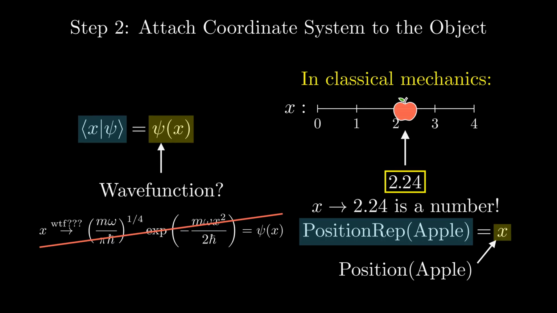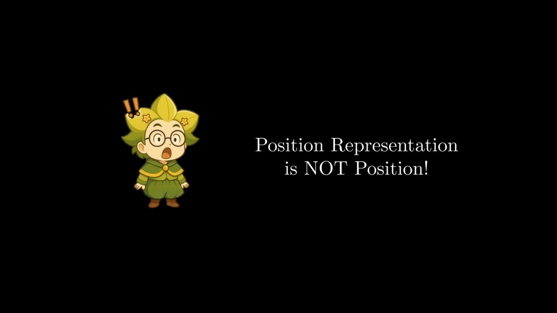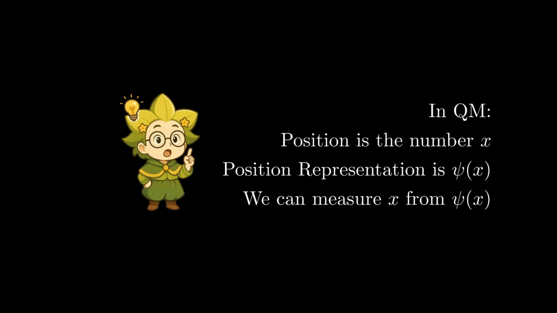And I'm hoping I have motivated you enough to believe that the position coordinate system does not necessarily tell us about the precise position. The takeaway is, in quantum mechanics, we make the distinction between the measured physical quantity and the coordinate representation of that quantity. And in general, they are not equal.